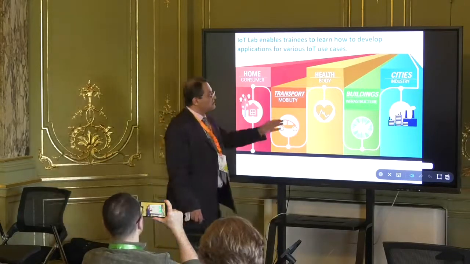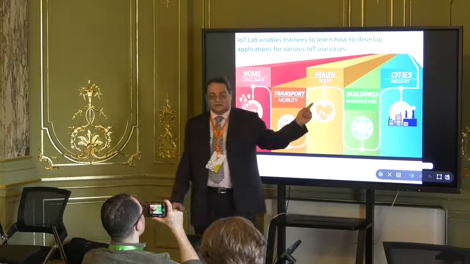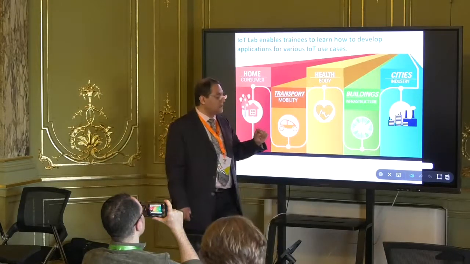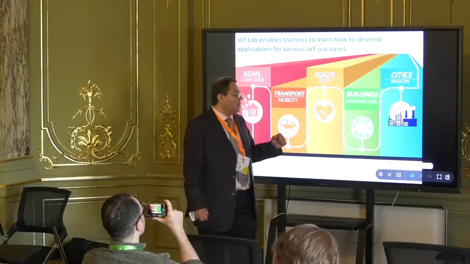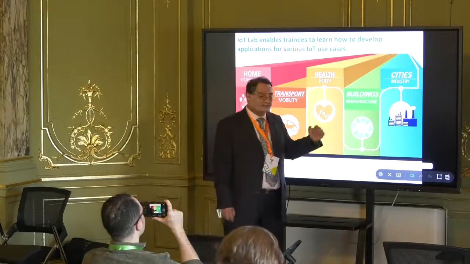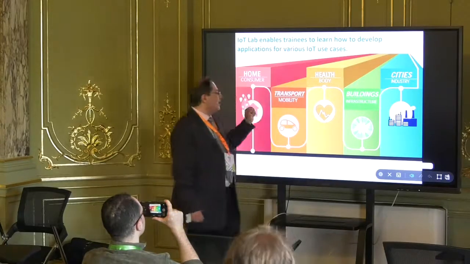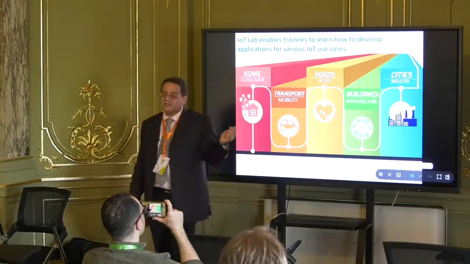The other 3 pillars are building management. These are coming from building management solutions, or BMS solutions, which at a point in time will turn into IoT-based solutions as well. Transport and mobility is a very famous pillar.